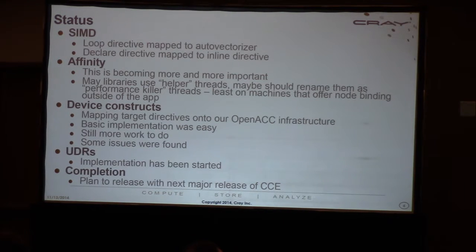Skipping over to Affinity. Affinity, we've done some work. There's a really good reason why OpenMP needs Affinity, and that's because every library under the sun wants to have its own helper thread these days. Your MPI library has a helper thread. OpenMP wants to have a helper thread. This thread, that thread, they all want helper threads. Well, helper threads get in the way.